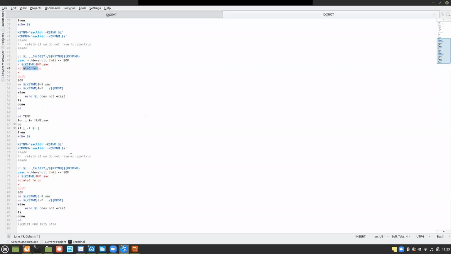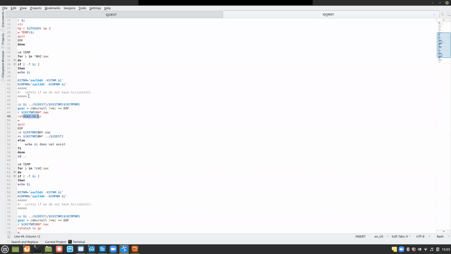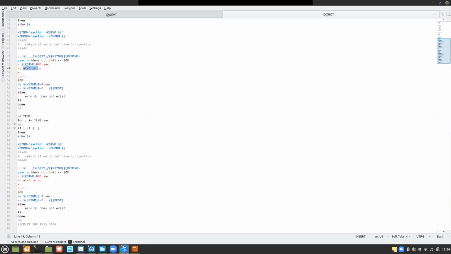If we don't have the horizontals, then it does something else, because we don't rotate the vertical component. We are only rotating the horizontal components. I think these two parts just take care of different components. So this code just does the rotation.